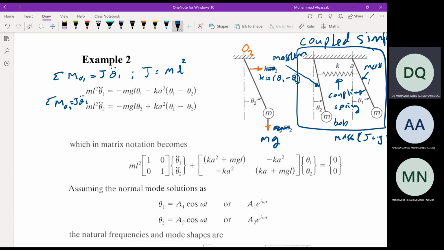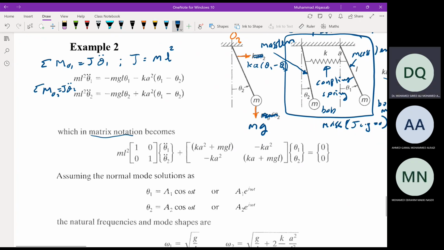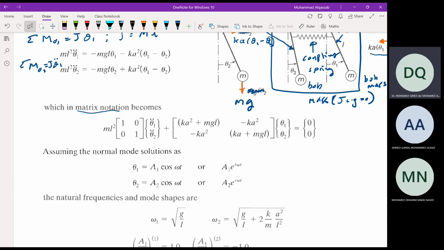And then we put in matrix form right away before substituting for the solution. Okay, so we get ML square multiplied by identity matrix 1, 0, because J is the same for the two pendulums, times theta 1 double dot and theta 2 double dot, plus the matrix.